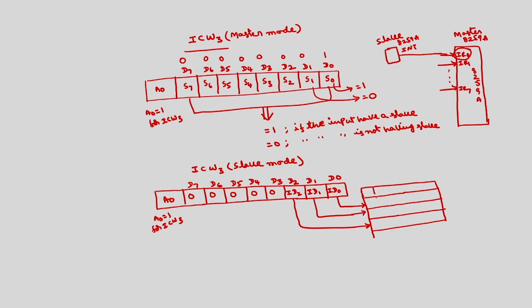If these 3 bits are 0 0 0, the ID number is 0. We have 8 combinations: 0 0 1, the ID number is 1. If this is 0 1 0, the ID number is 2. 0 1 1, with ID 2 as the MSB, the ID is 3, and like that 4, 5, 6, 7.